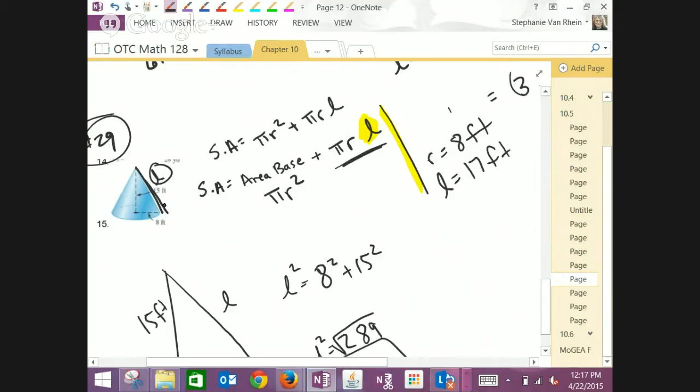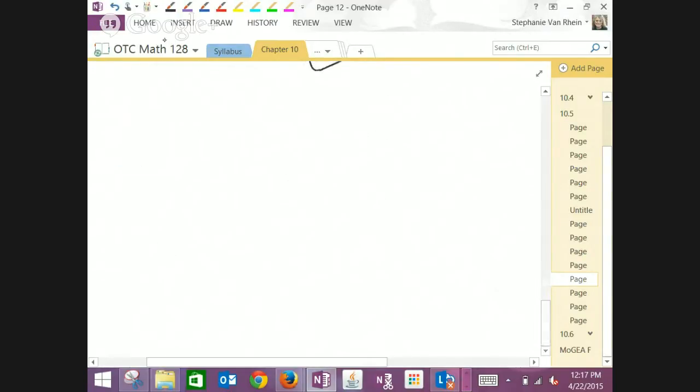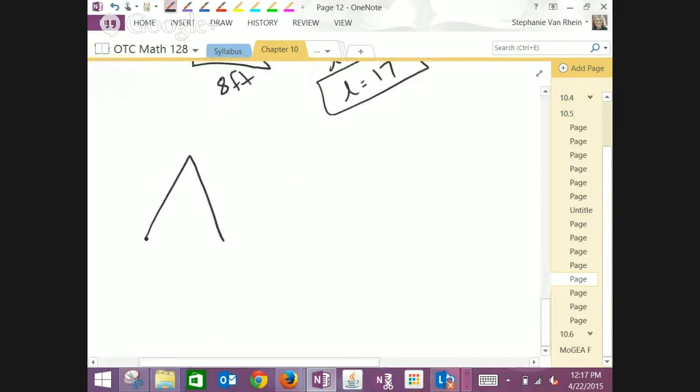So you'll have to break that down and find it. In some cases, they might give you a right circular cone and ask you for the volume and give you a lateral height. You would have to do the same thing if this was R. You would have to use Pythagorean theorem to find H.